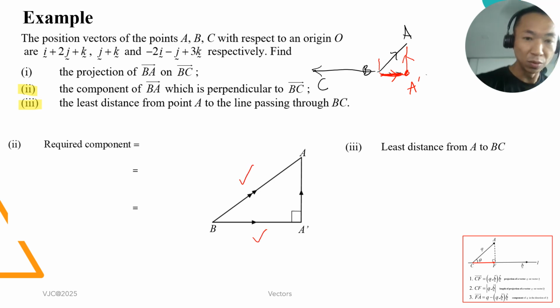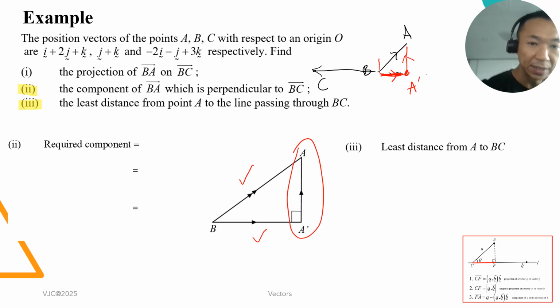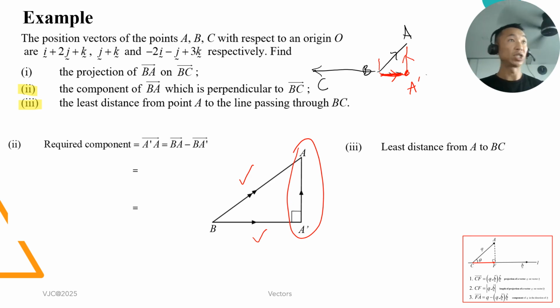What you want is this one, which is A prime A. If you see, this vector can be resolved into two components: the component that is parallel to BC, and the component that is perpendicular to BC, which is what we want. So in this case, we want A prime A.